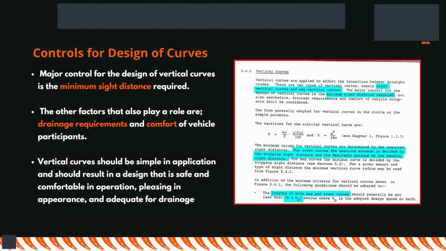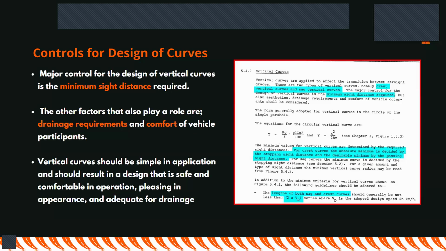For a crest curve, the absolute minimum size of that curve is decided by the stopping sight distance, then the desirable is decided by the passing sight distance. Take note of that. The absolute minimum is decided by the stopping sight distance, while the desirable is decided by the passing sight distance.